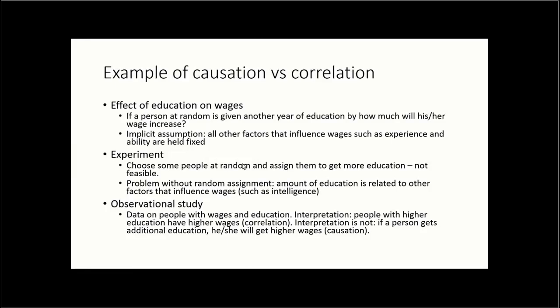All we can say is that people with higher education have higher wages, which is a correlation. But we cannot say that if a person gets additional education, they will get higher wages. That's causation, because we don't have that kind of experiment in place. We only have observational data.